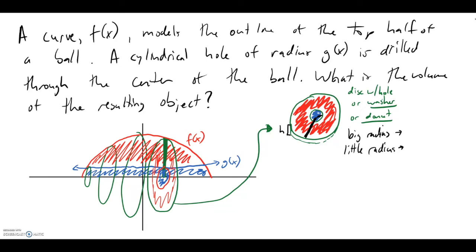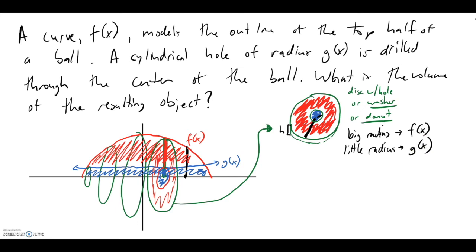Well, the big radius, the radius of the entire shape, would be the distance from the x-axis up to the topmost curve, or f of x. And the little radius would be the part I'm getting rid of, in this case what I called g of x, the radius of that cylinder that I'm drilling out.